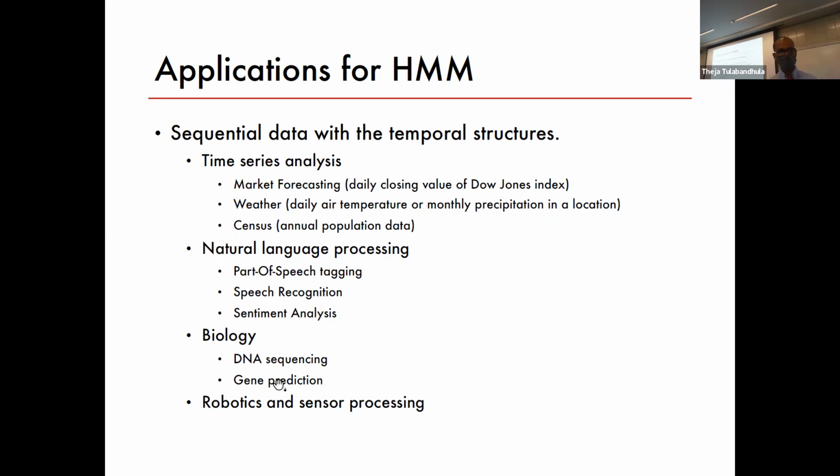And biology includes DNA sequencing and gene prediction and so on. There are also engineering applications with sequence data, like sensor data, which could be sequential in nature. So all these are application domains where you want to work with sequential data.